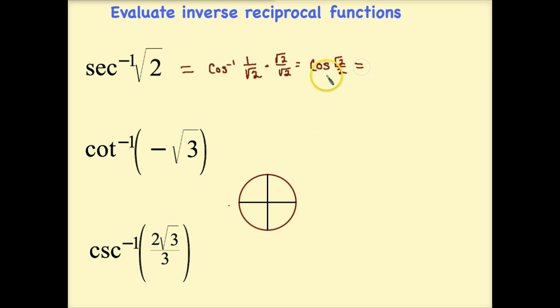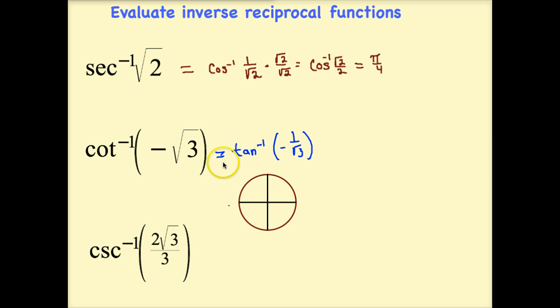If I want to determine at what angle inverse cosine has an exact value of root 2 over 2, I know that's pi over 4, or 45 degrees. This value is positive, and cosine has a restricted value between 0 and pi, so this is in quadrant 1.